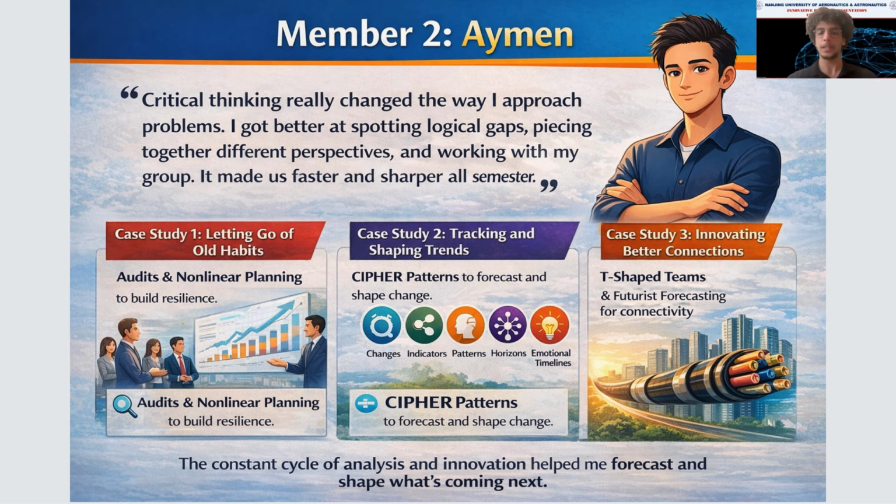I became better at identifying logical flaws, synthesizing different perspectives, and collaborating more effectively as a team. Through our case studies, I applied these skills by breaking old debates, tracking emerging trends using the Cypher model, and structuring teamwork with T-shaped skills. Overall, this process taught me not only to anticipate future change, but to actively help shape it.